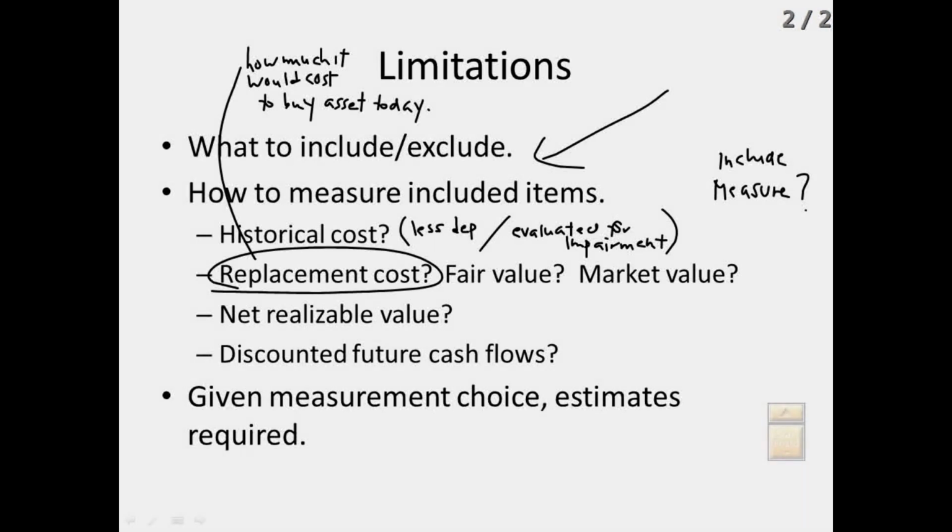Okay, so it's at least going to tell me something about the market value of my assets, and as an investor, isn't the market value basically telling me something about the future cash flows of the asset? And so it's not that replacement cost has no value at all, it's just, do we want our balance sheet to be the same as stock price?